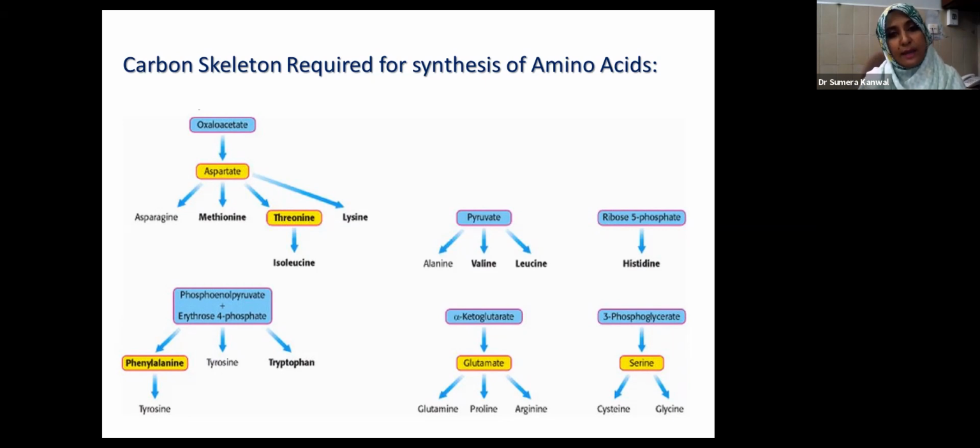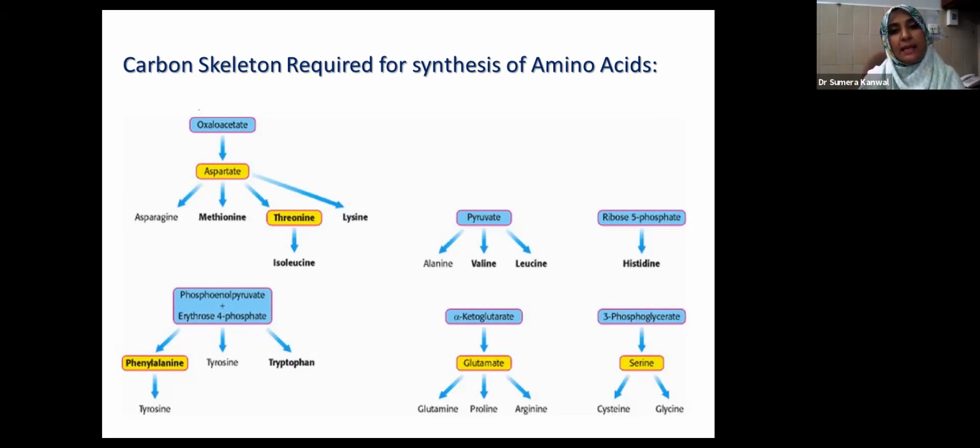Ribose 5-phosphate, a 5-carbon sugar, gives histidine. Phosphoenol pyruvate, a derivative of pyruvate, when combined with erythrose 4-phosphate, a 4-carbon sugar, gives the aromatic amino acids phenylalanine, tyrosine, and tryptophan.